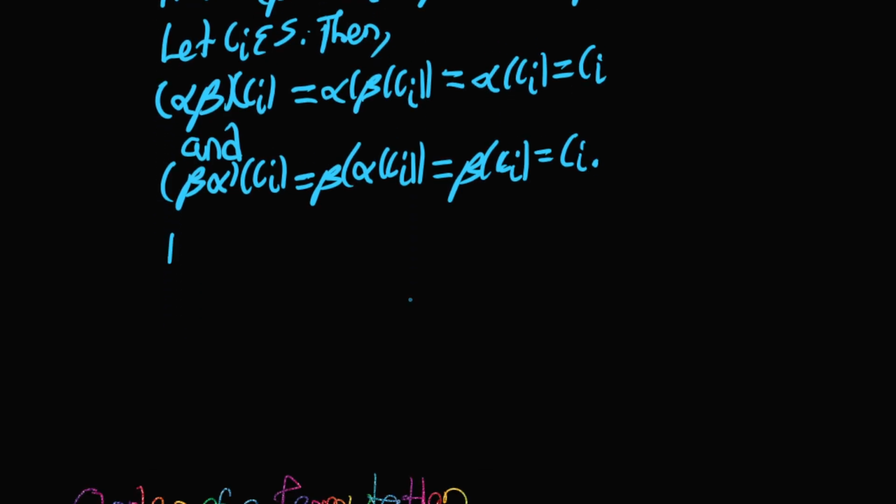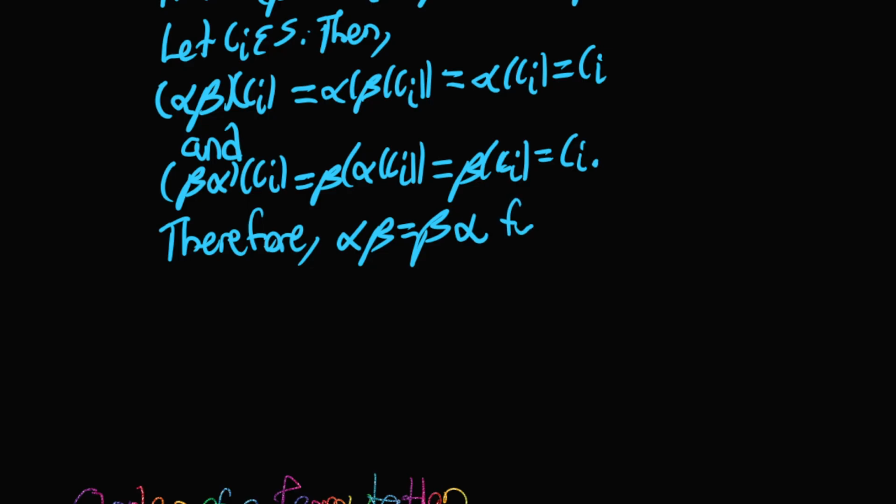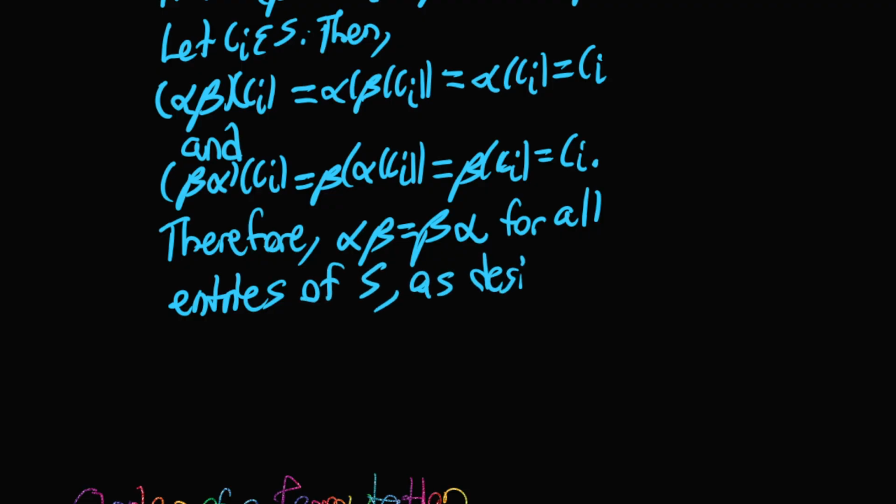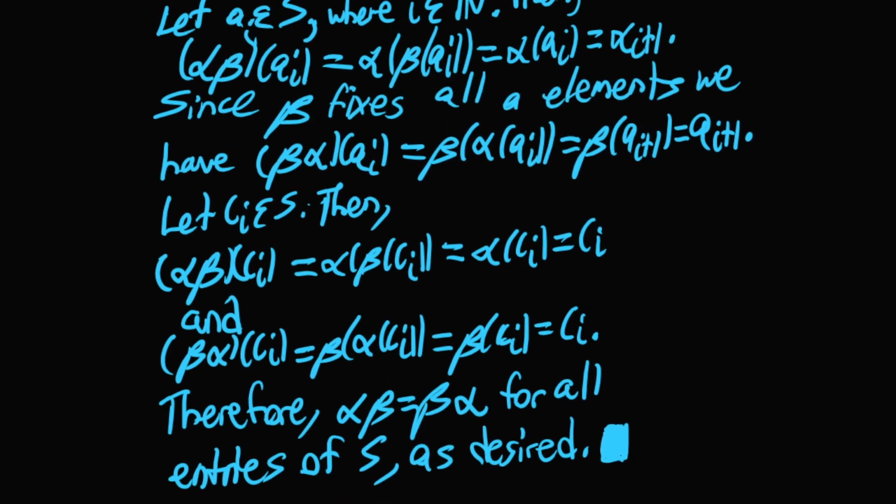So therefore, alpha beta equals beta alpha for all entries of S, as desired. All right, that is it for our second theorem.